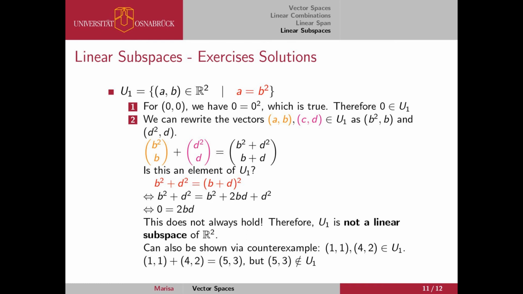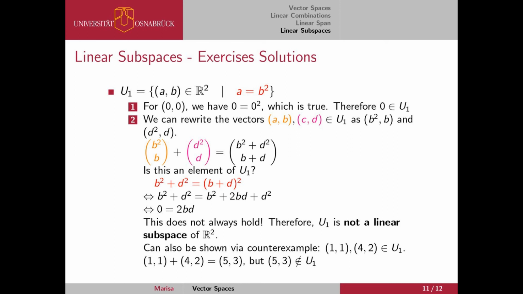The second axiom was about vector addition, and it told us that if we have two vectors that are elements of our space of U1, then the addition of these two elements also needs to be part of the space U1. So what we do is that we take two elements now and we write them as (A, B) and (C, D), and they are both parts of U1.